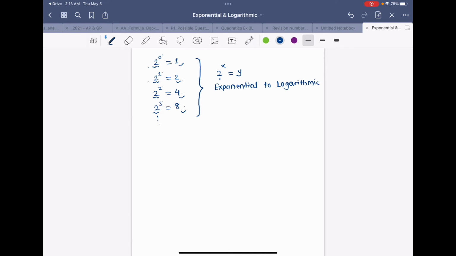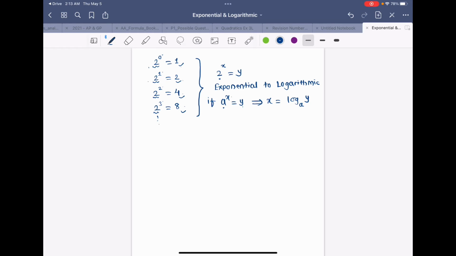rule is, if a raised to x is equal to y, then x, which we want to find, is equal to log of y, and the base whose power it was, a, goes in the base.